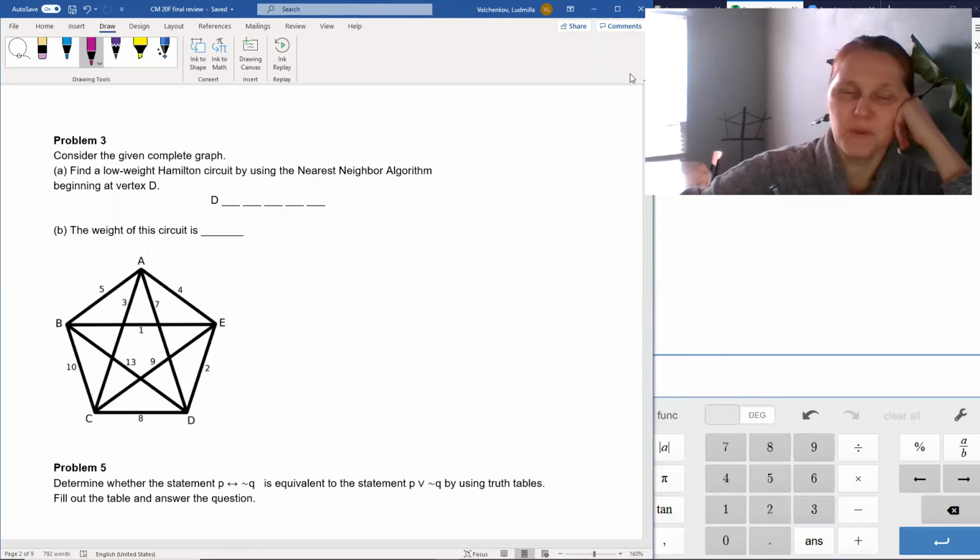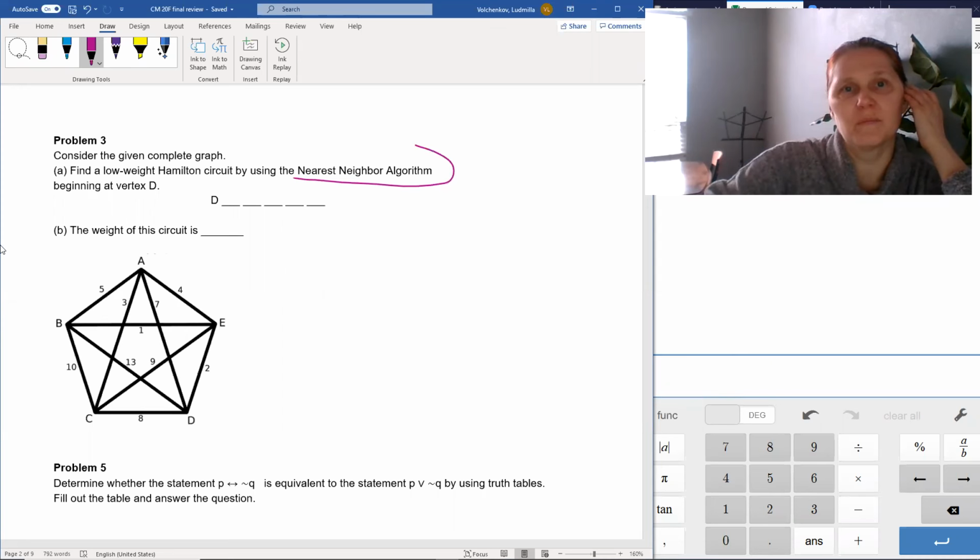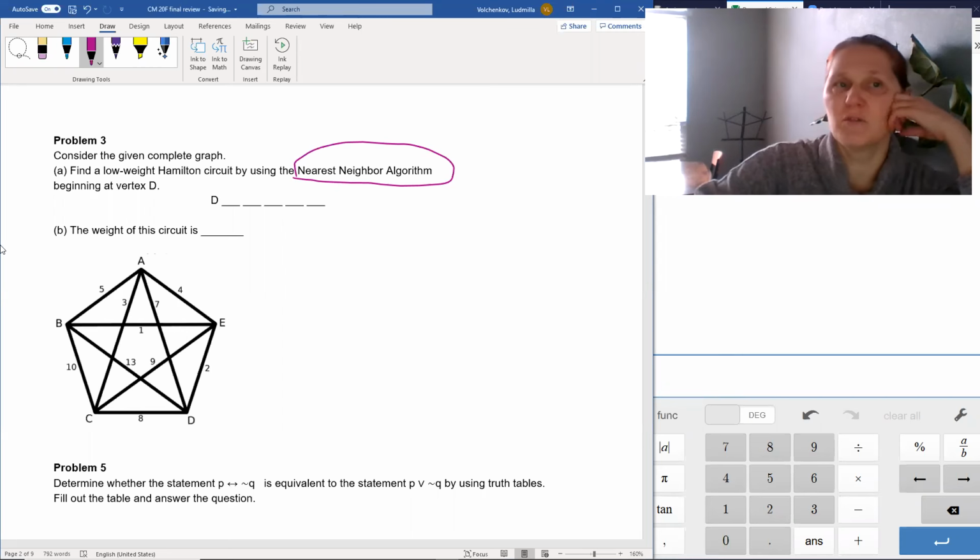The next problem, consider the complete graph. Find low-weight Hamilton circuit by using nearest neighbor algorithm. Beginning at vertex D, so it can be any other vertex.